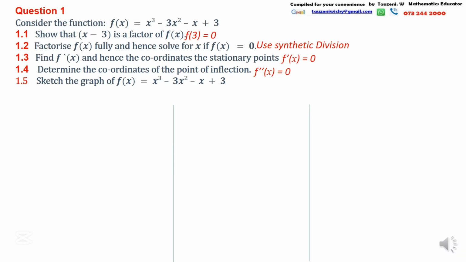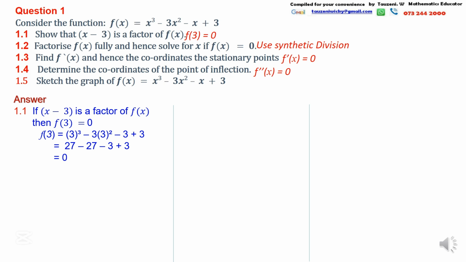All right, let's have a look at the answers to these questions. Question number 1.1. Show that x minus 3 is a factor of f of x, and f of x is the equation given. So to do this, we have already explained.